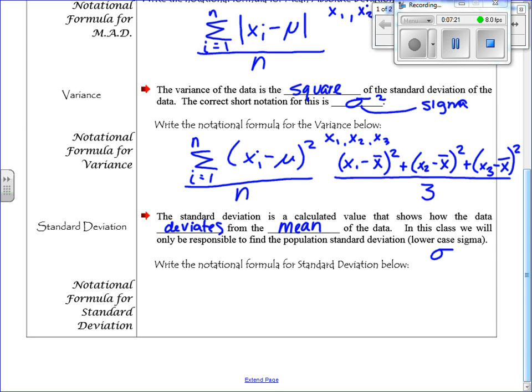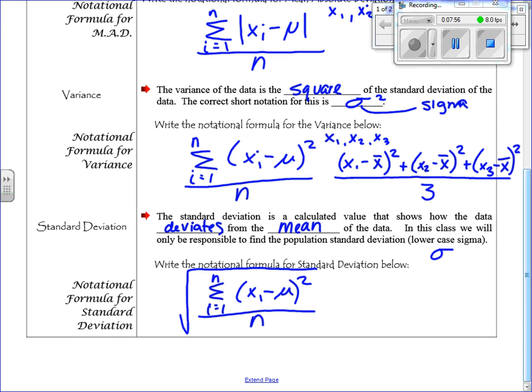With variance we had sigma squared, and between standard deviation and variance it makes sense because the notation is x values minus the mean of the data all over n, and we're squaring it. And then we put the square root symbol over everything.